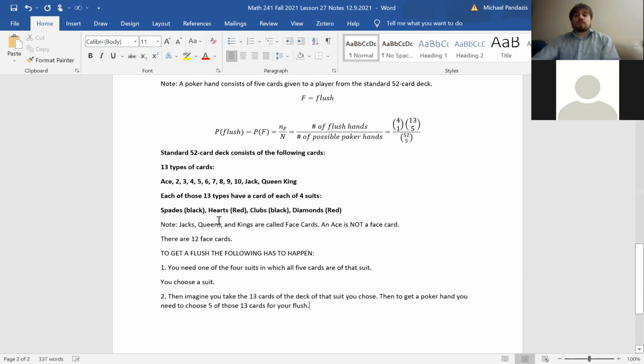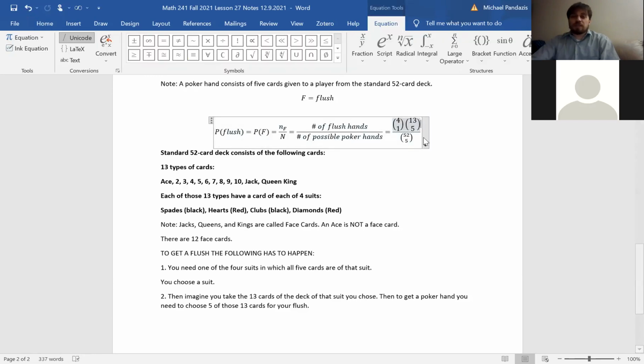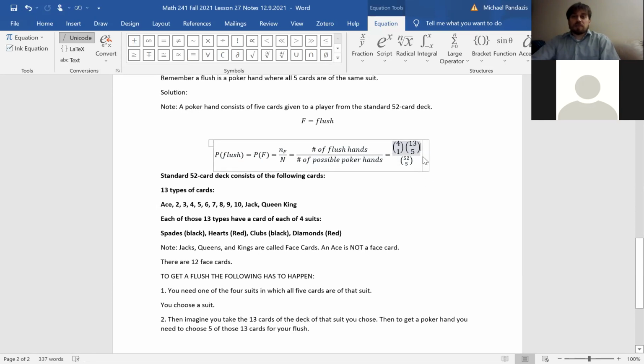First, 4 choose 1 is the number of ways to choose a suit. Then 13 choose 5 is the number of ways to choose 5 of the 13 cards of that suit to be in your hand. So 4 choose 1 times 13 choose 5 is the number of poker hands that are flushes. The number of flushes divided by the total number of poker hands is the probability of getting a flush. When you compute that, you get the final answer.